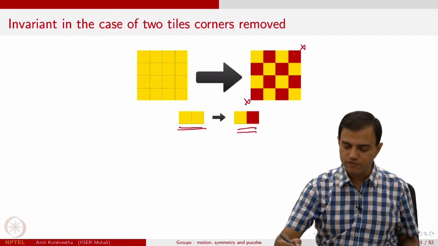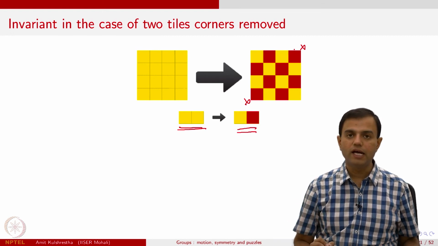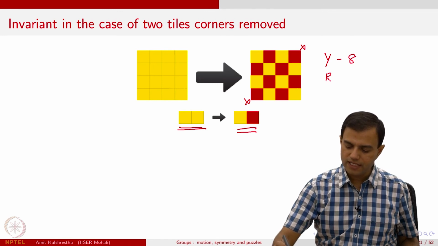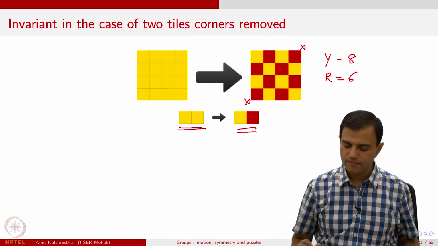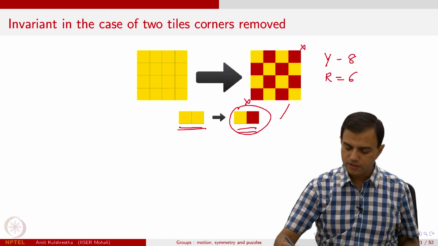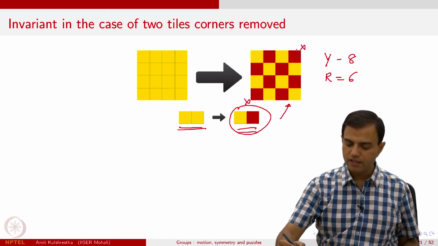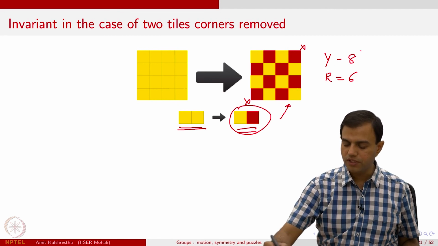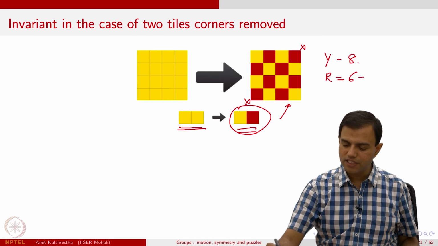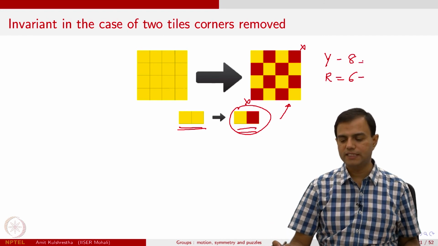But here I have removed both tiles which are red. So the number of yellow tiles is 8, while the number of red tiles is 6. So now it's very clear that if I want to use these tiles to completely cover this knocked off board with 14 squares, I cannot, because the number of red tiles is not the same as the number of yellow tiles.